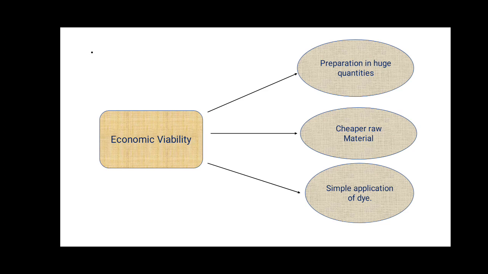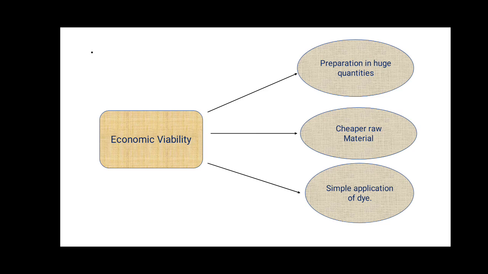Hence the cost factor becomes important for the dye to be economically viable. It plays a very important role in whether a dye is economically viable or not, purchasable or not.